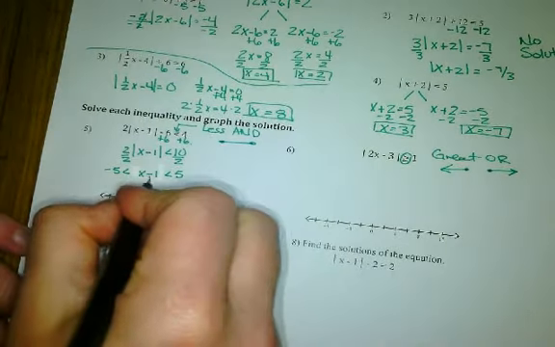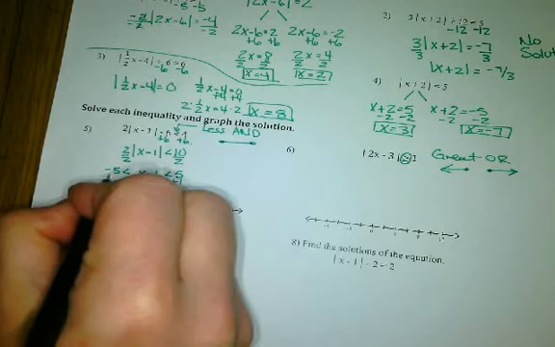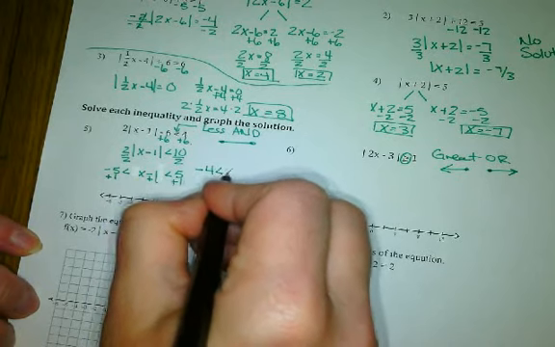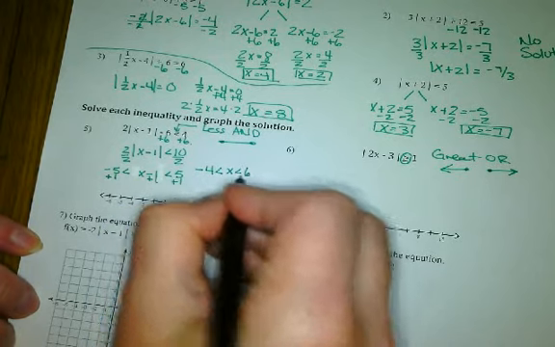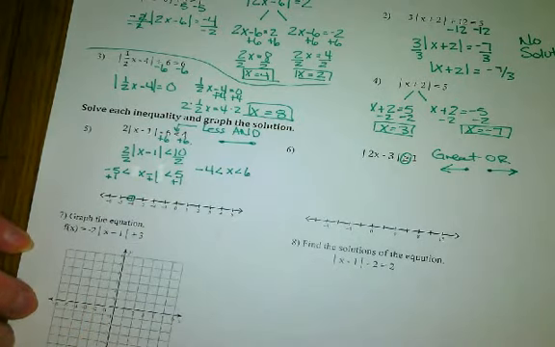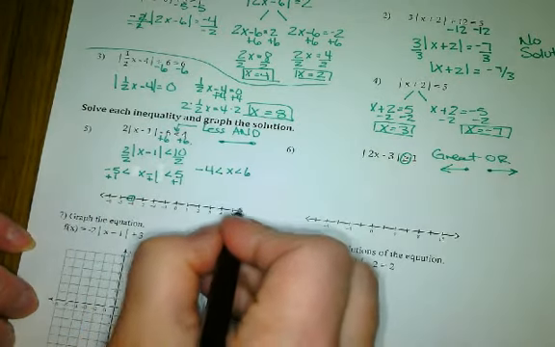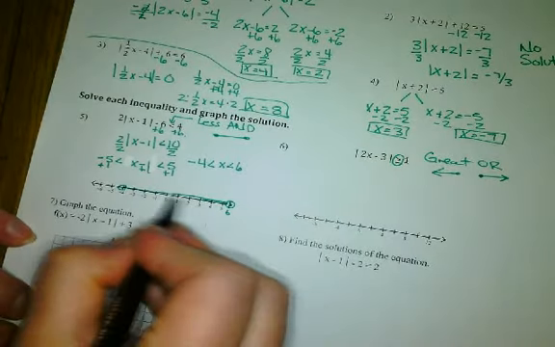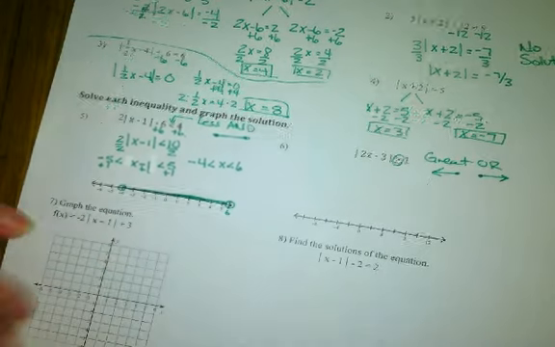And then I'm just going to start solving it. So I'm going to add 1. So what I end up with is -4 is less than x, which is less than 6. Now those are open circles, so I'm going to do an open circle on -4. I am going to do an open circle on 6, and then connect them. That's not a very good job. Let's just pretend like that looks all nice.